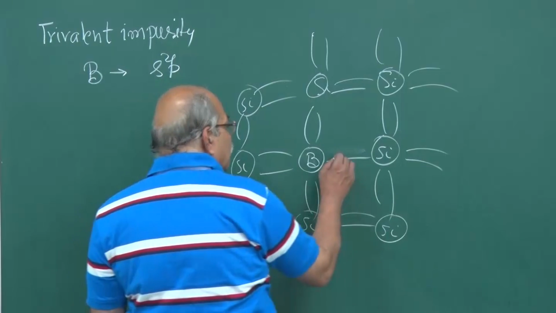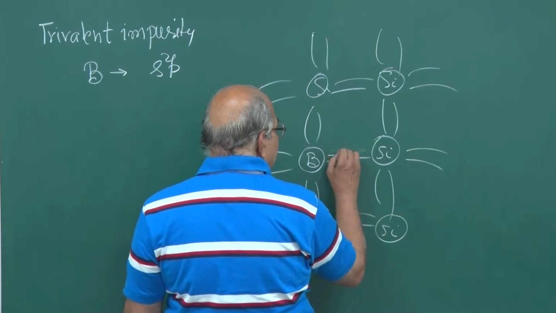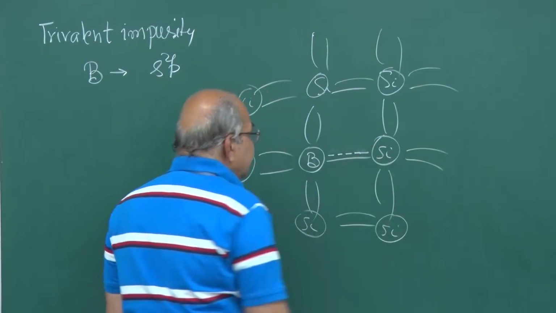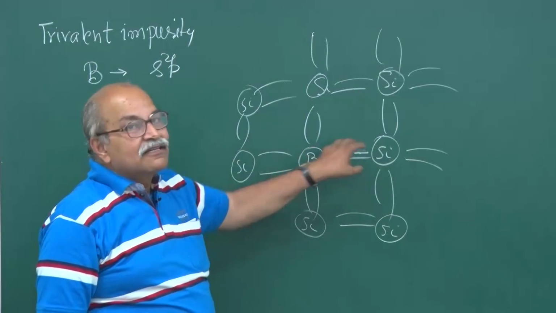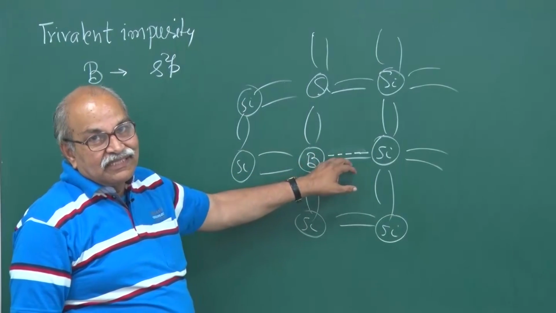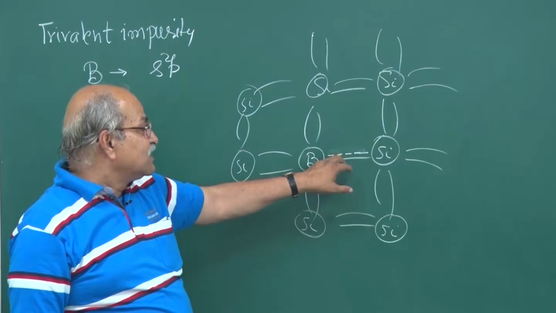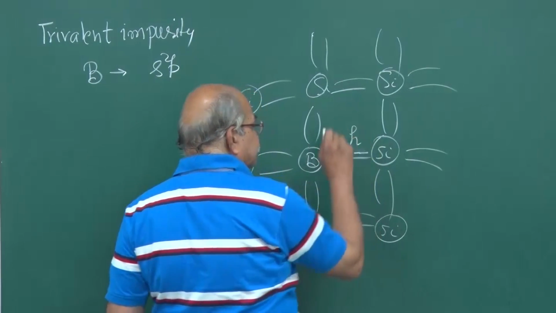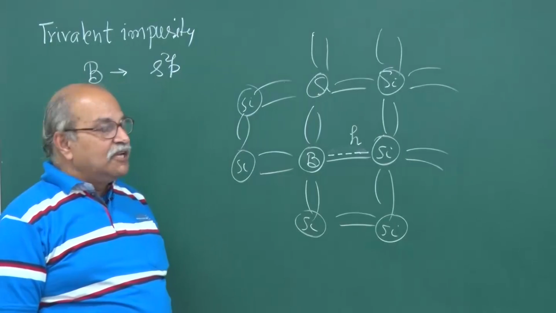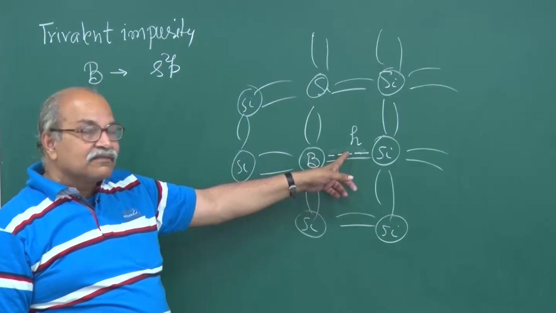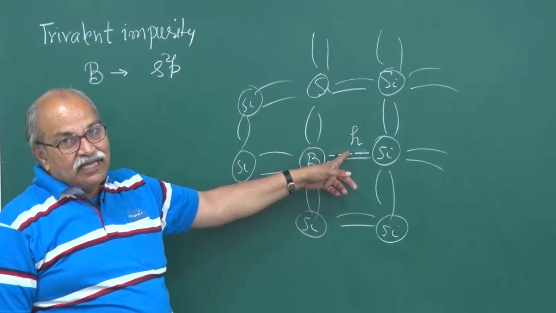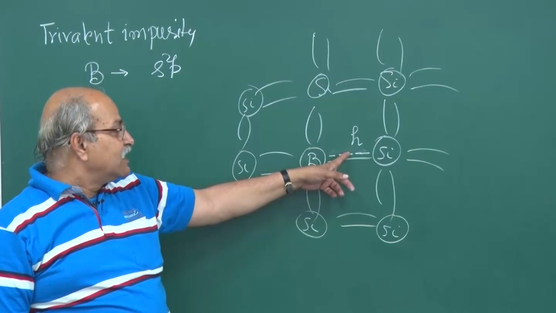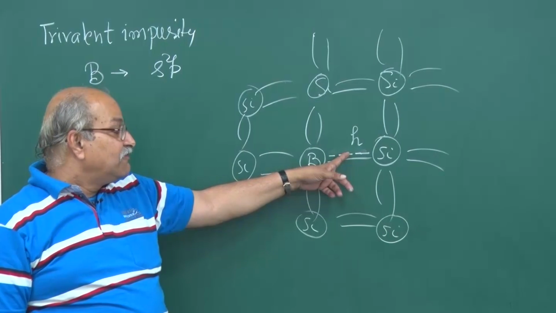So you have a broken bond, you have an empty quantum state here, and the electron can come here and complete this bond. So you have an empty quantum state, or in other words, you have a hole here. If an electron comes and sits here, this empty quantum state will get populated, or it will be filled.